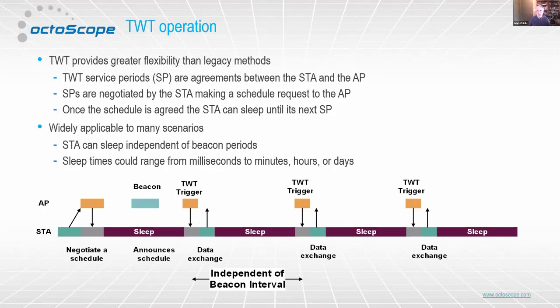And that service period does not have to have anything to do with beacons. It can be very short and beacon-like, or it can be extremely long. We'll describe a little bit later how they're calculated, how the specification put some parameters in place that will let you create extremely long periods. And so, it'll look something like this. You'll have the infrastructure, the AP, and a station, which will negotiate a schedule.